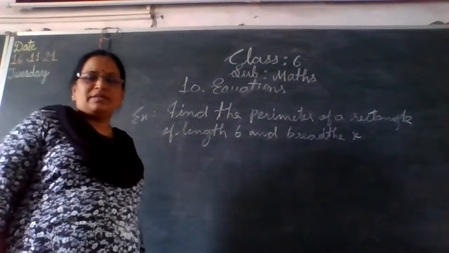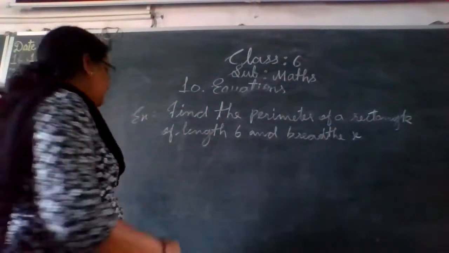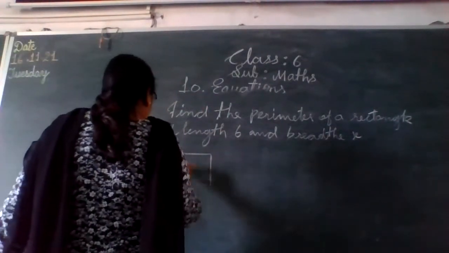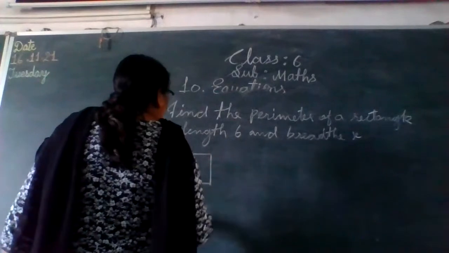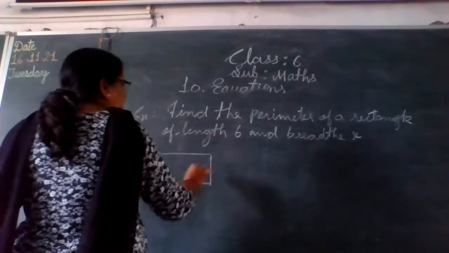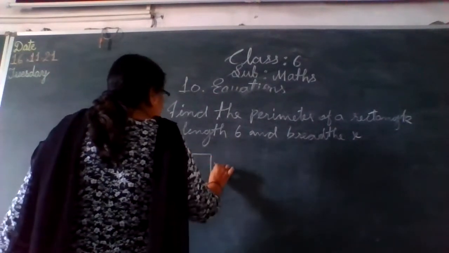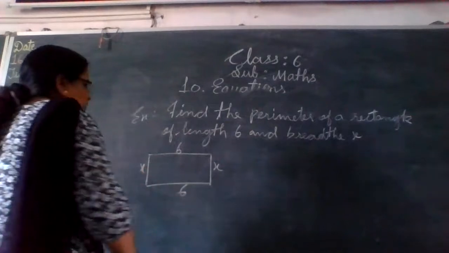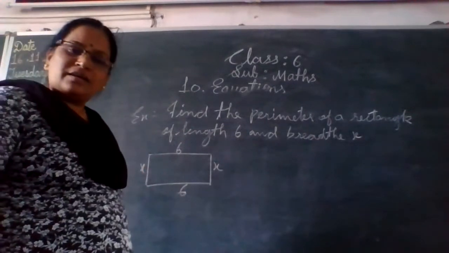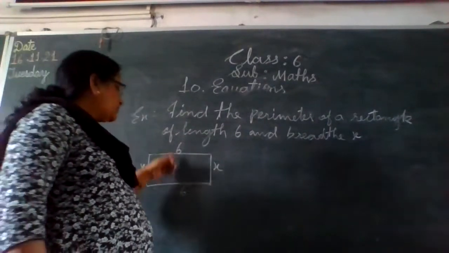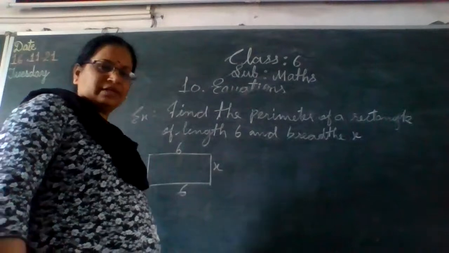So you have to find the perimeter of this rectangle. Its length is 6. Since it is a rectangle, its opposite sides are the same. So 6 is the length and x is the breadth.